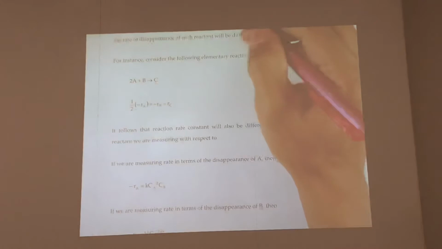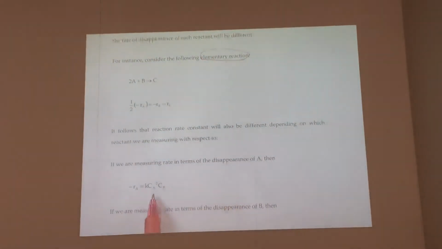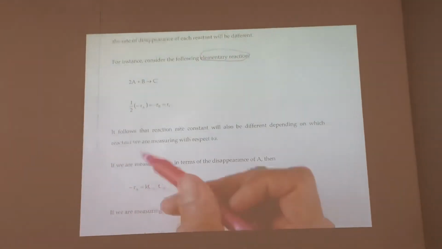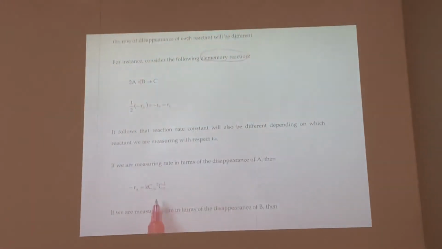This reaction is an elementary reaction. Therefore, when figuring out the rate of reaction, the number 2 comes from 2A here, and number 1 comes from B here. You should know how this comes out by now.